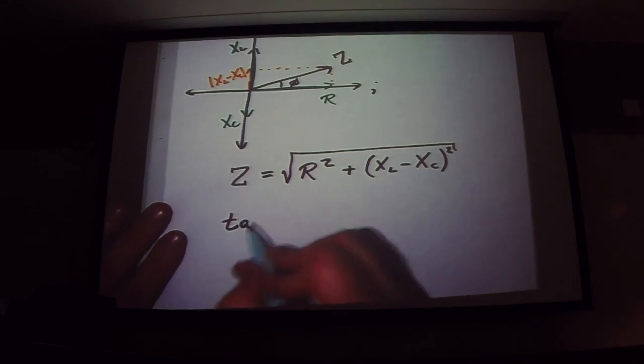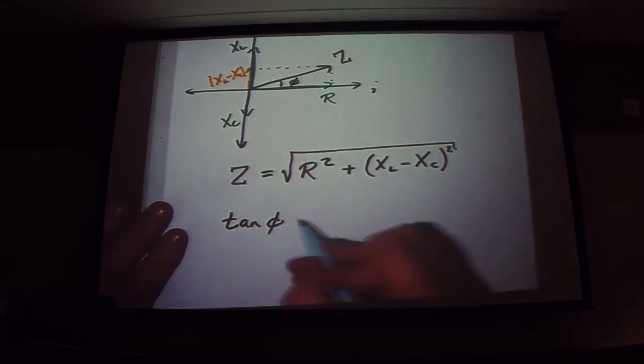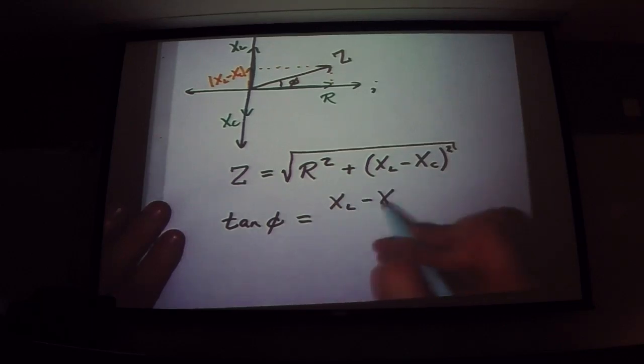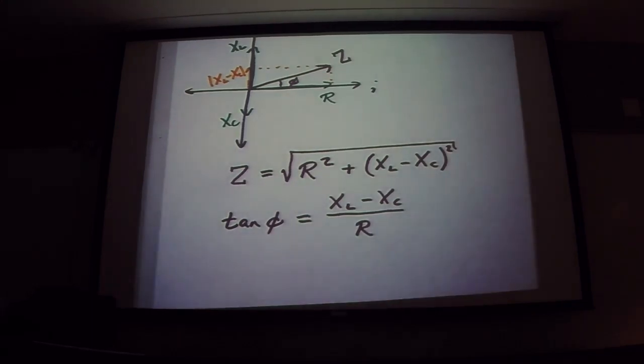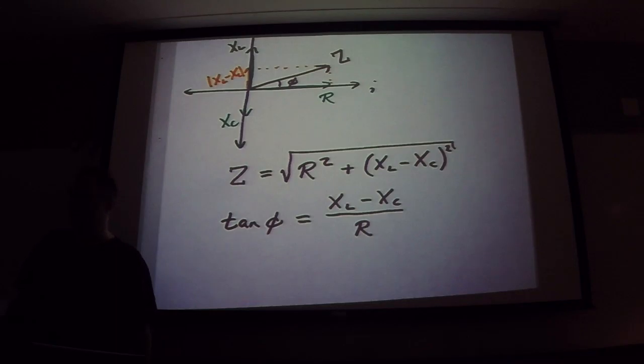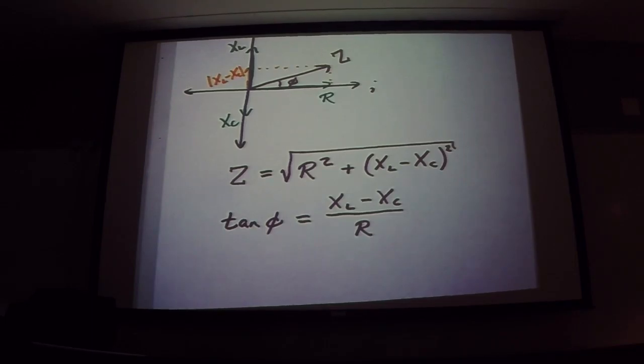The tangent of the angle phi is equal to XL minus XC divided by R. Now notice in this case, when we're talking about the tangent, or this phase angle, we do not put absolute values here, because it does have meaning which one of these is larger: the reactance of the capacitor or the reactance of the inductor.